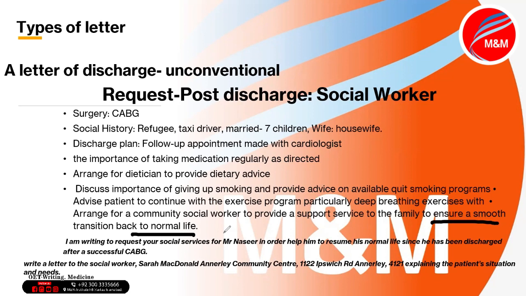So it would not be appropriate to mention a successful cabbage first for a social worker. Basically, it would be better if you write down the main point that would be relevant for a social worker over here, right? I'm writing to request your social services for Mr. Nasir in order to help him resume his normal life.